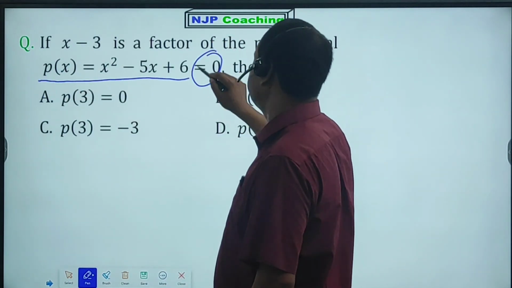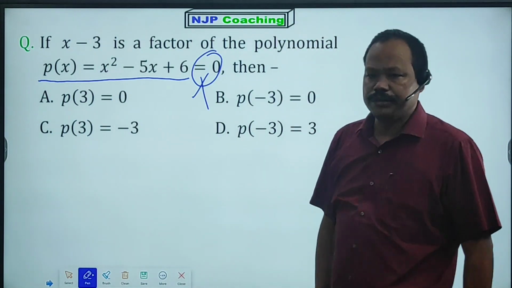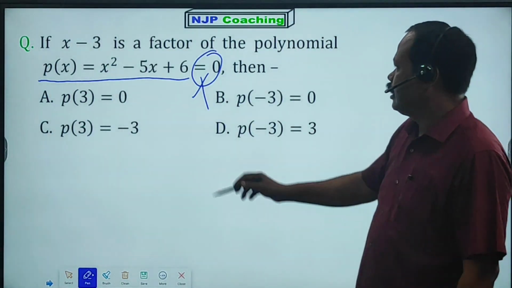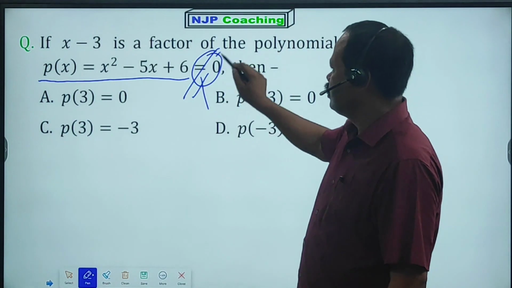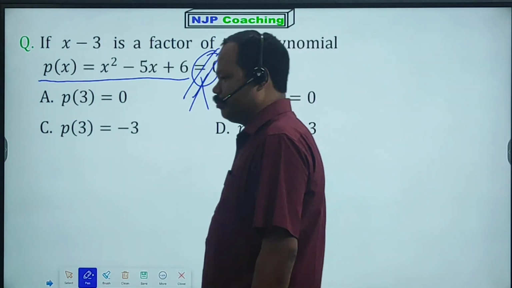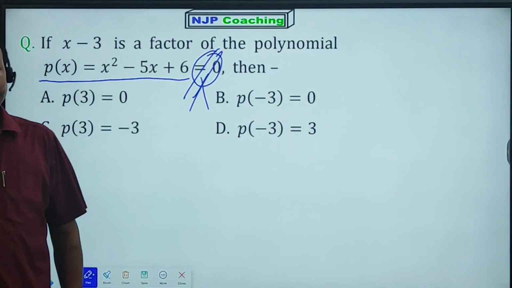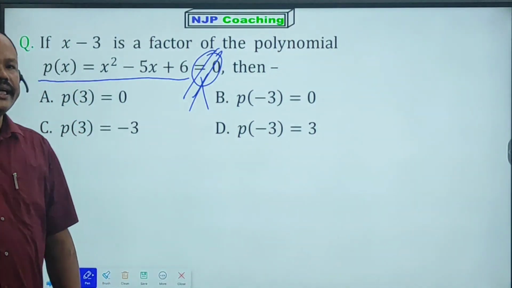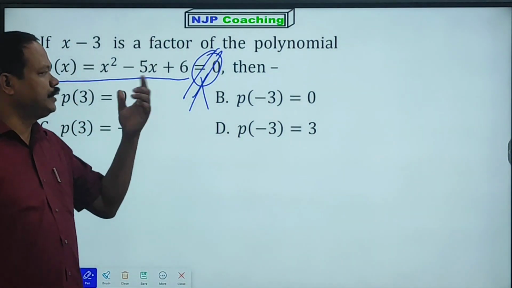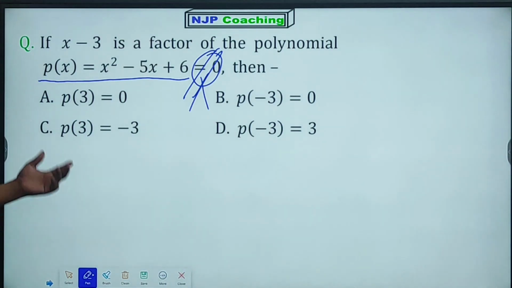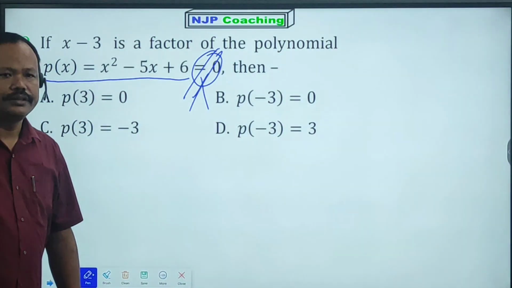This part is not required, the equal 0 is by mistake in printing, this is wrong. Then which one of the following is true?